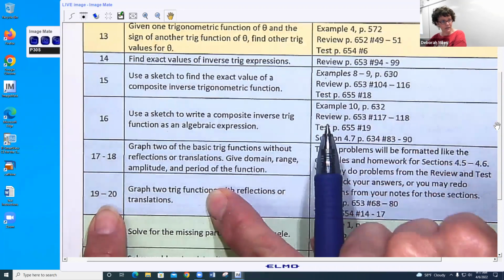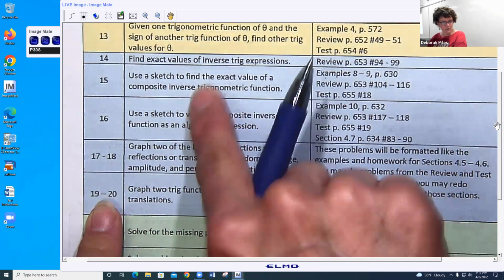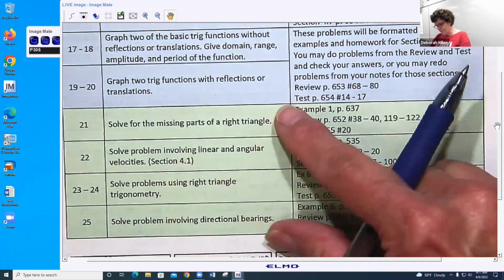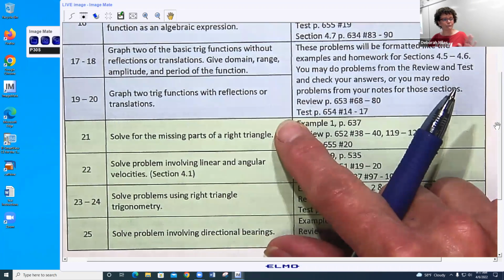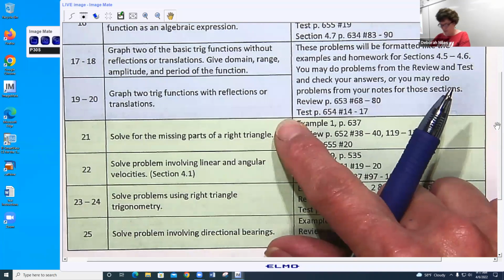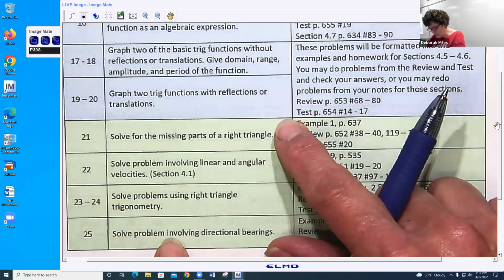So that's 14 through 20. You don't get a calculator for those, because I want to make sure you can do that without a calculator. You need a calculator for the word problems because I'm not asking for an exact answer. I'm looking for a decimal approximation. These last 3 are what we did.